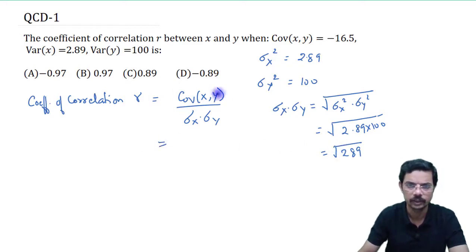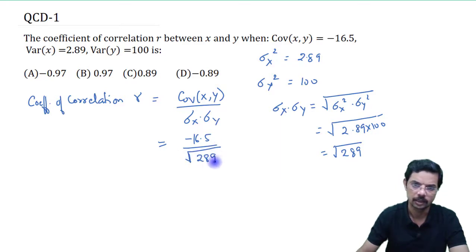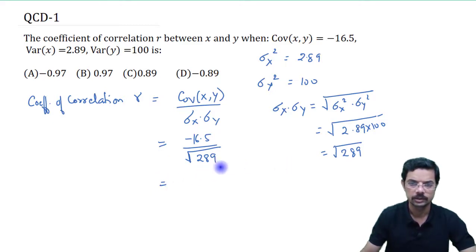So what is covariance of xy? Covariance of xy is minus 16.5. So this is minus 16.5 divided by sigma x into sigma y, which we have calculated as root of 289. This is the square root of 289, so this is 17, right?